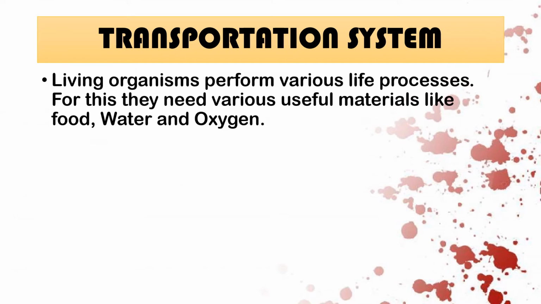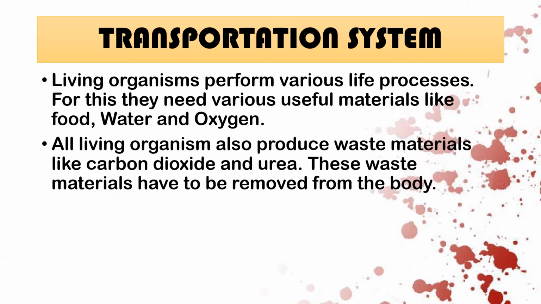So, what is meant by transportation system? We know that living organisms perform various life processes. For this, they need various useful materials like food, water and oxygen. As well as they also produce waste materials like carbon dioxide and urea.